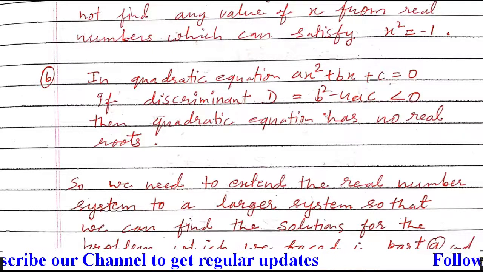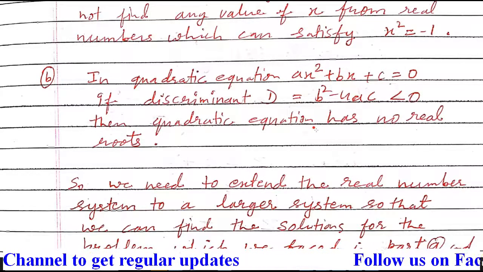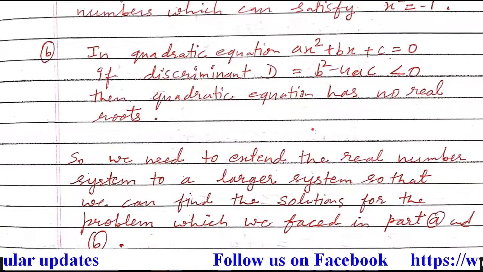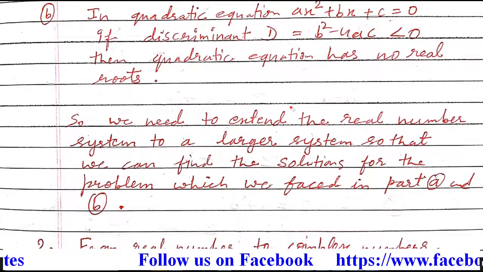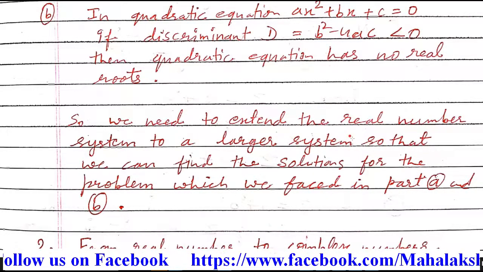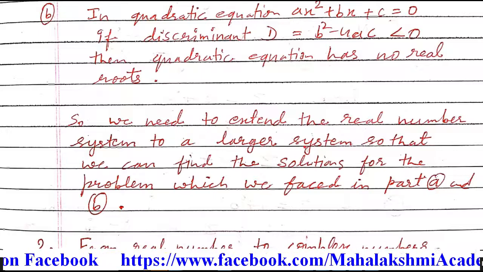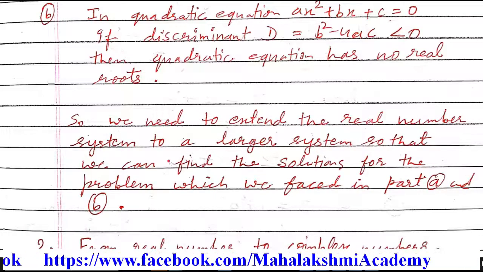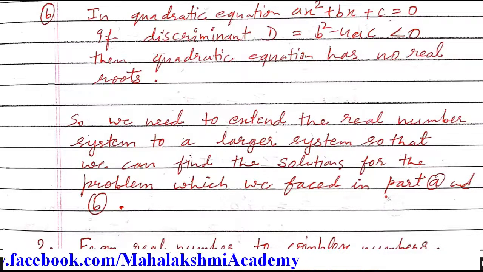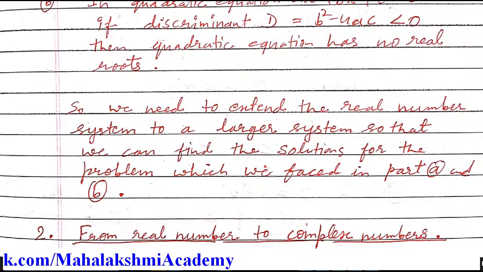That's the problem. So to remove the problems which we faced in part A and B, we have to move further. We have to extend our concepts from the real number system to some other system. We need to extend the real number system to a larger system so that we can find the solution for the problems we faced in parts A and B. It is clear that the square root of negative numbers we cannot calculate in the real number system.